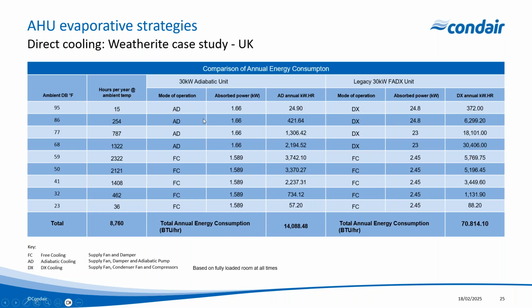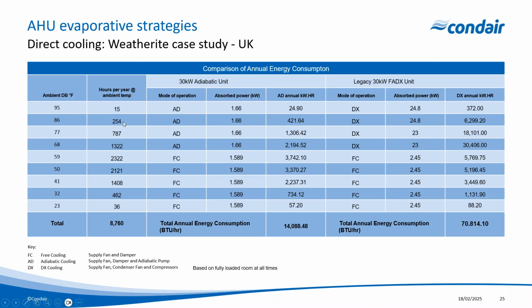But what does that actually mean when we compare the new adiabatic system to the legacy 30 kilowatt DX system? So we've got a lot of data here on the screen, but we'll break it down for you. On the left side column, we have the ambient air temperatures in degrees Fahrenheit, going from 23 degrees all the way up to 95.